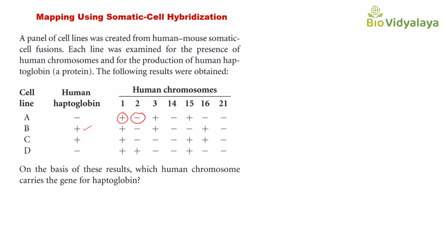So we have to find in which chromosome the gene for haptoglobin is present. For that, first we have to identify the cell lines that are positive for the protein. So we can say that B and C are positive.